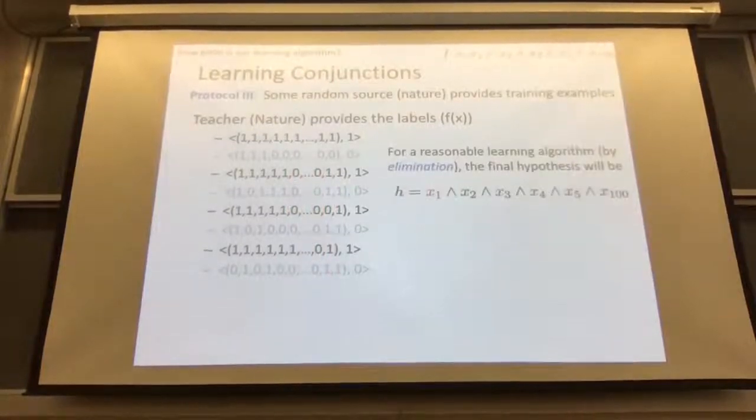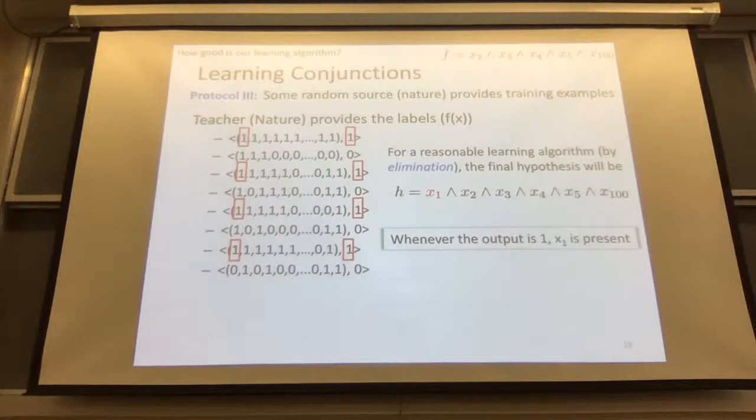And what you could get is a conjunction that says x100 has survived all the positive examples because it's present in all of them. x2 is in all of them, and also x1 is in all of them. So by eliminating all the variables that are absent in any of the positive examples, it could learn a hypothesis that is x1, x2, x3, x4, x5, and x100.